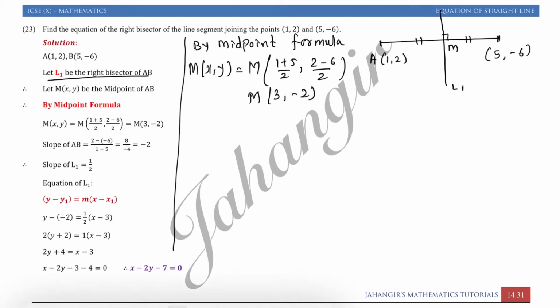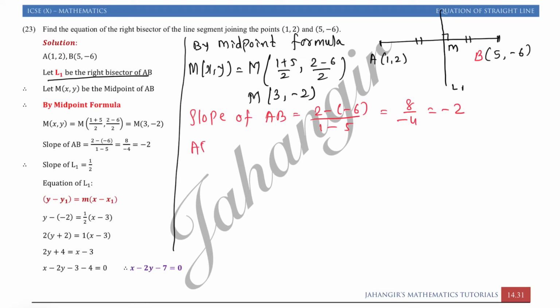So now we will find slope of AB. If we say it is AB, so we can find slope of AB, that is y2 minus y1 upon x1 minus x2, that is 6 plus 2, 8 by minus 4, which is equal to minus 2.